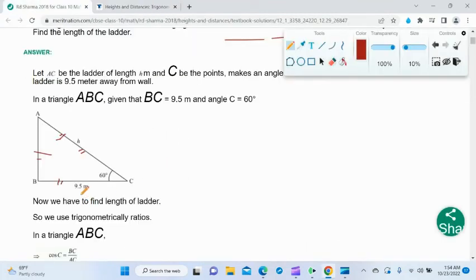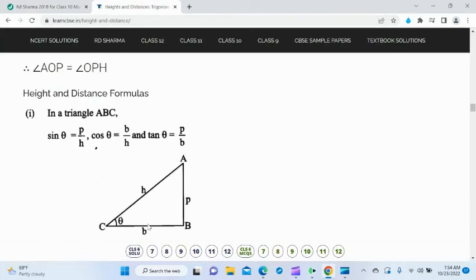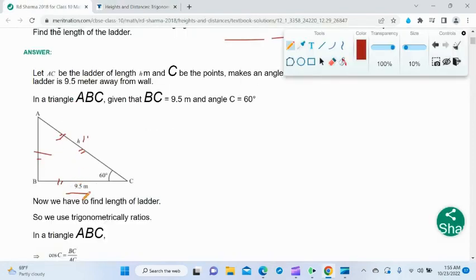In the current question, the base is given and the hypotenuse is required, and theta is given. So cos theta will be best, because cos theta is equal to b by h, base divided by h.